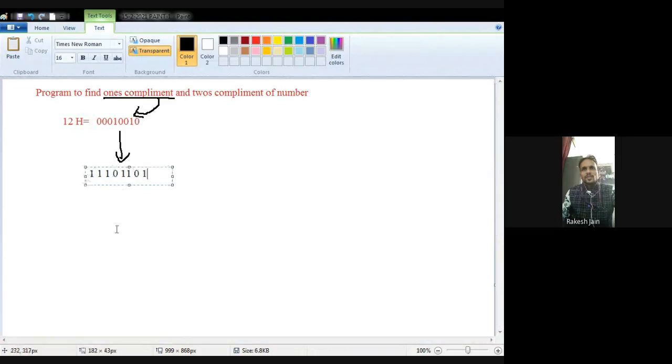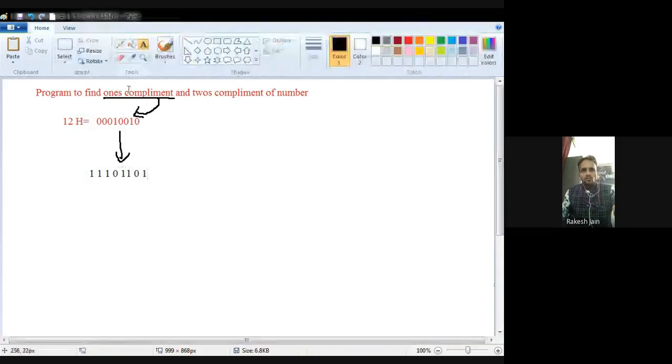So the first three bits are 000, but I converted them into 111. Then the next bit is 1, but I convert it into 0. Then the two 0 bits become 1 1. Then the next bit 1 becomes 0, and the next bit 0 becomes 1.